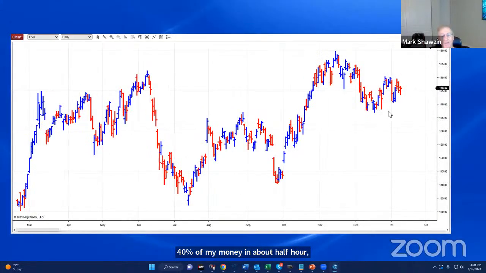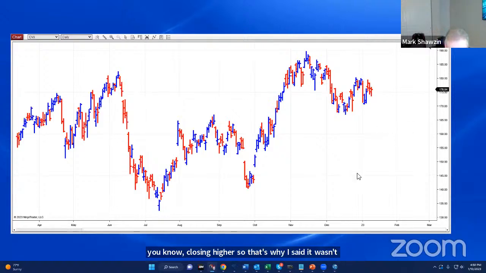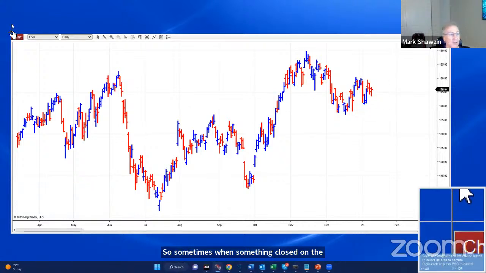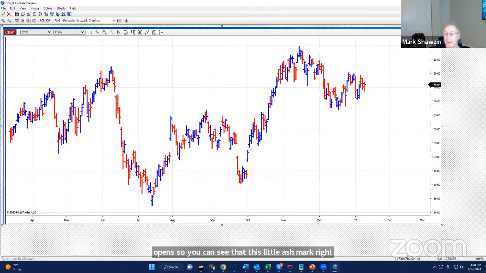Now, Chevron's a very mixed picture. You can see it ended up opening higher, going lower, and then closing higher. So that's why I said it wasn't the greatest trade since sliced bread. I just took advantage of an arbitrage. So sometimes when something closes on the low and it opens, you can see that this little hash mark right here is where it opened. So you can see right to the left, that's where it opened.